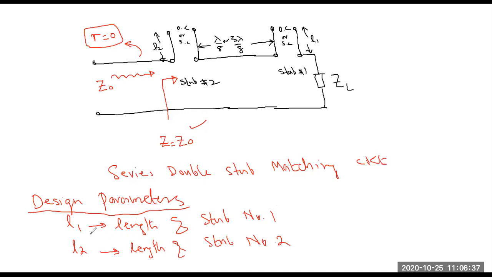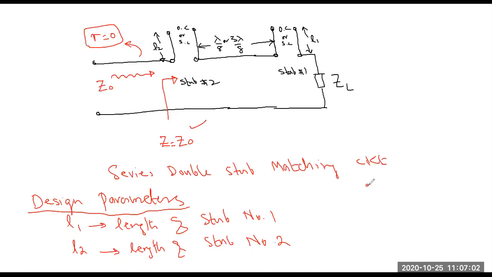Now you all know that from the single stub matching circuit, if you remember, the length of the stub depends upon how much reactance or susceptance we require from our stub. Let me refresh your memories. What is a stub? A stub is either a short circuited or open circuited transmission line.